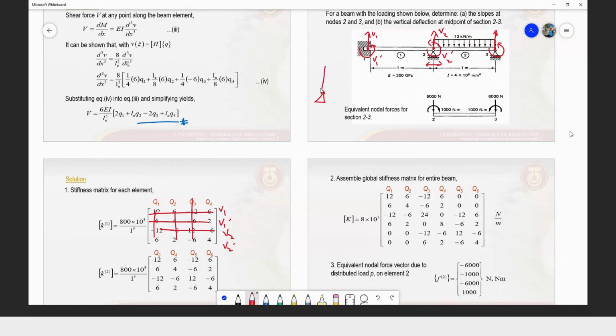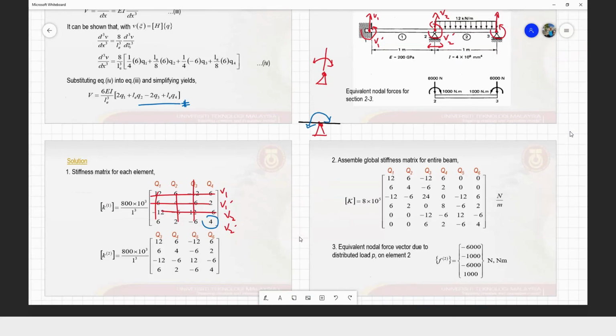Pin, as I mentioned earlier, allows your structure to rotate. If we have a vertical structure like that, or if our structure is horizontal, it is the same. It allows your structure to rotate to the left or to the right. So this is how the pin behaves. We only have one element in K1 to fill up.